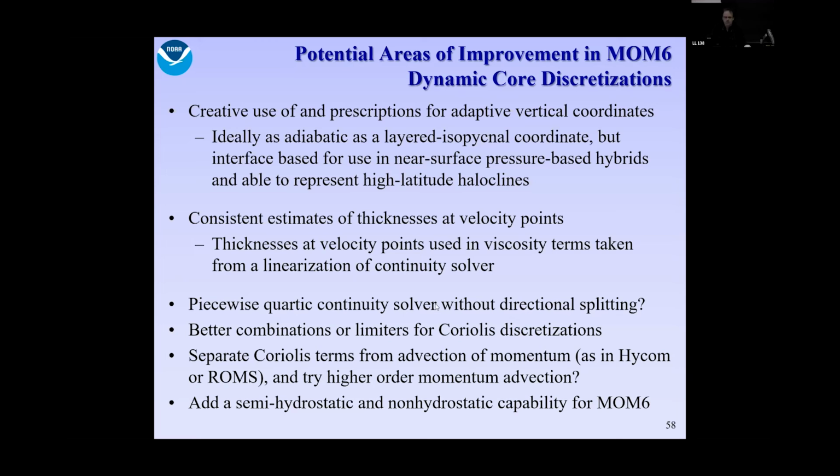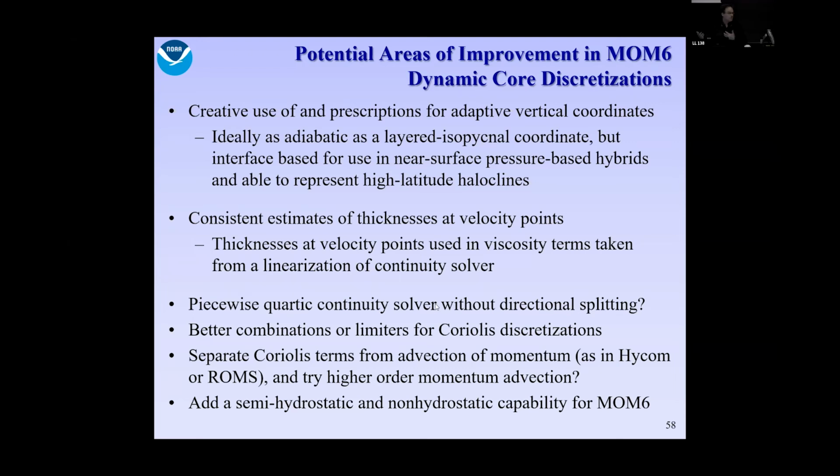So the first one, I think that there's a lot still to be done with the creative use of this generalized vertical coordinate capability. We know that we can emulate a variety of different coordinate systems. We know that the choice of effective vertical coordinate systems has a significant impact on the large scale circulations.